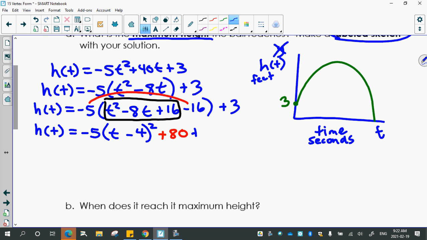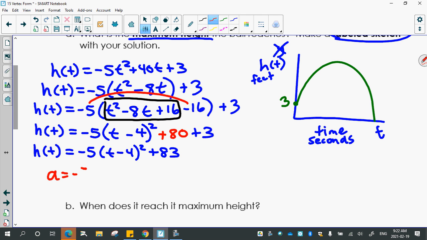And then I still have the plus 3. So then I can figure out my vertex from there. My a is -5, my h is 4, and my k is 83, which means my vertex is (4, 83).